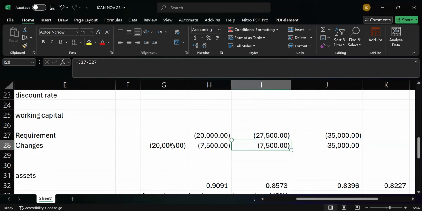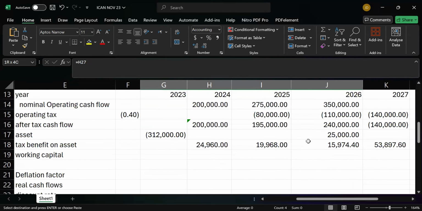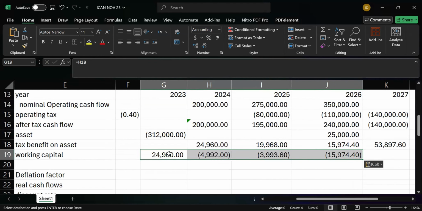This minus this, also 7.5. So if I sum the aggregate of this to this, it will give me 35. So my working capital becomes, from year zero down, this is the working capital.